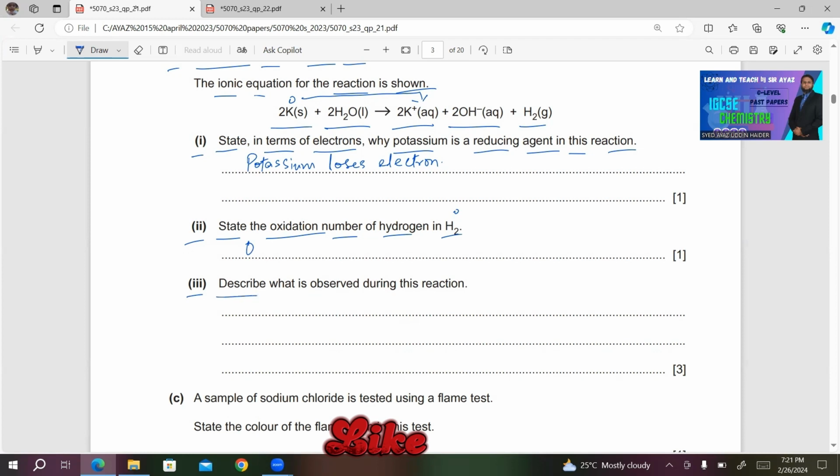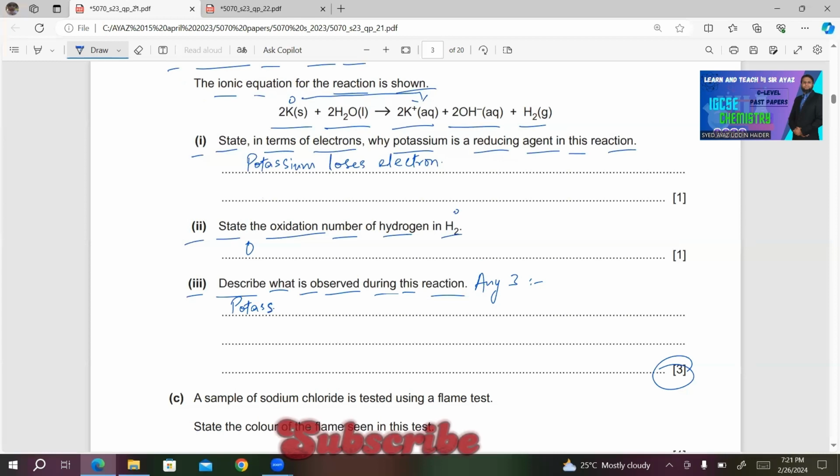Number 3, describe what is observed during this reaction. Now they are asking about the observation in this reaction. So you can write any 3 from these because this question is carrying 3 marks. Like potassium floats on water.